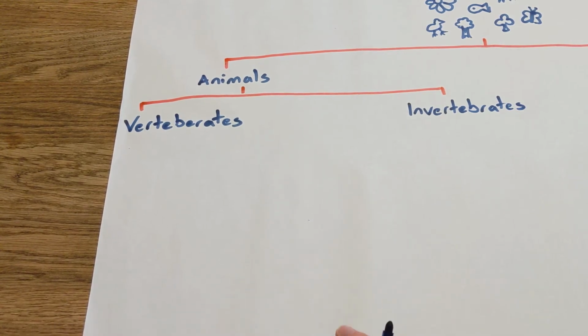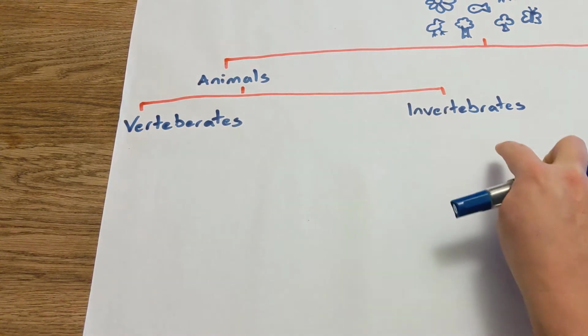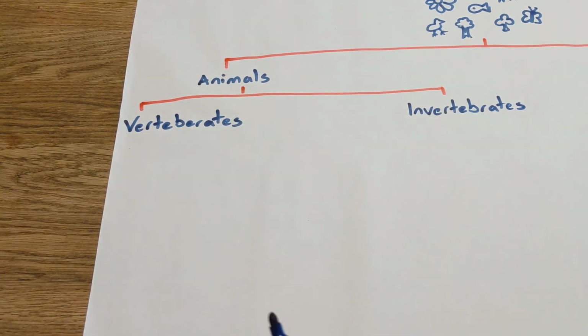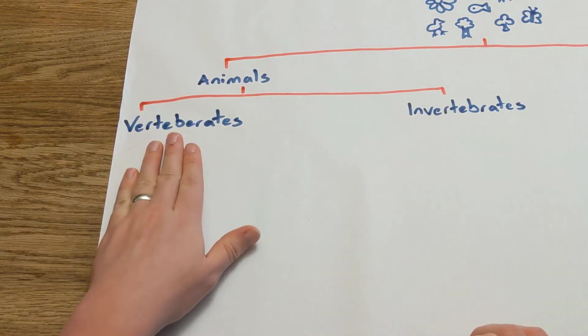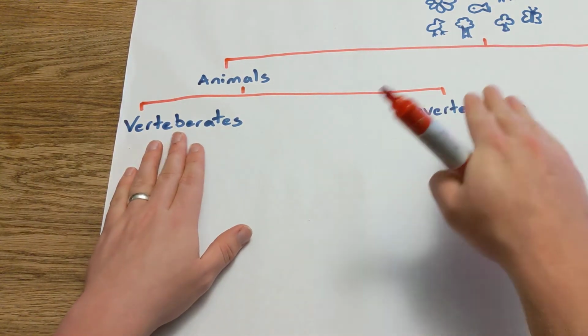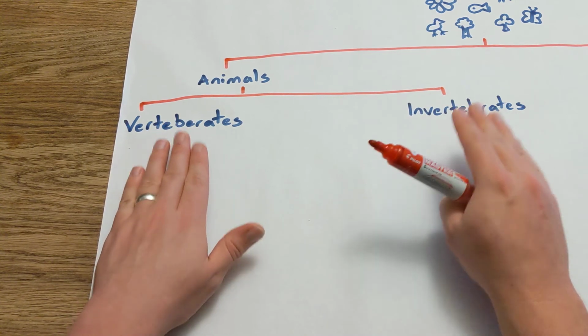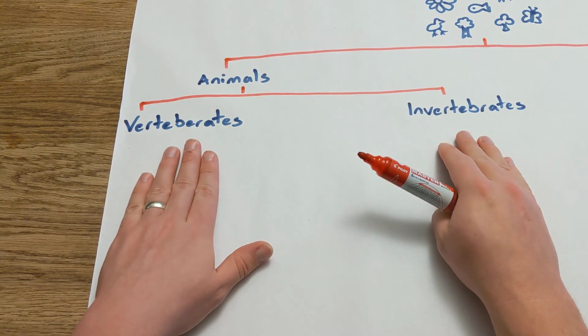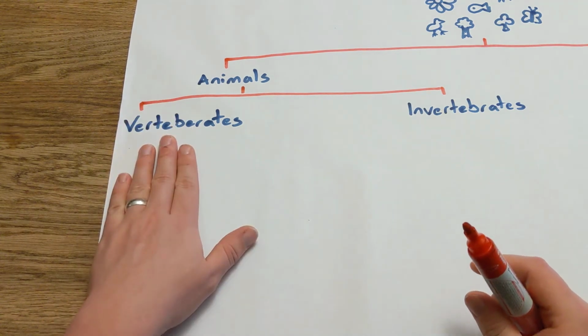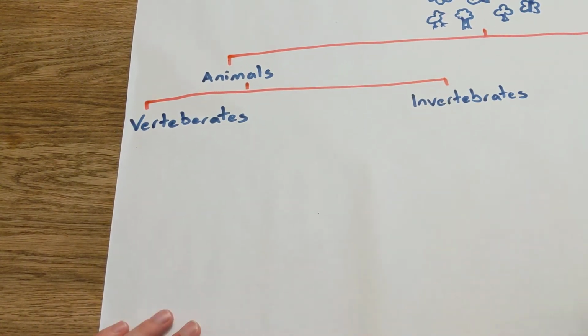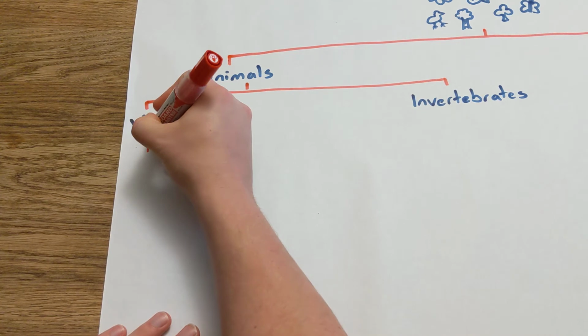Okay, so the difference between vertebrates and invertebrates is all in basically how the animal is built. Vertebrates all have something, and invertebrates don't have it. And that's what sets them apart. So vertebrates all have a backbone.